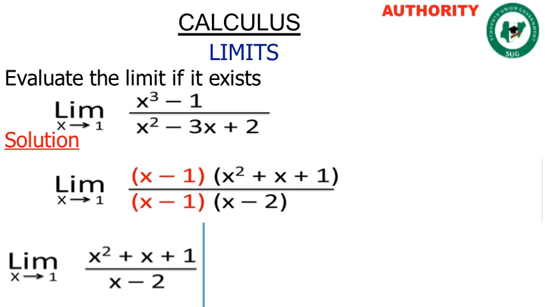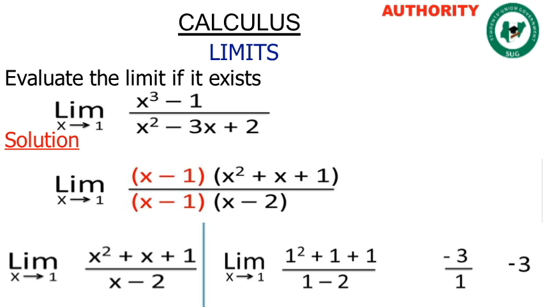So we are going to have the limit as x approaches 1, 1 squared plus 1 plus 1. 1 squared is 1, plus 1 is 2, plus 1 again, 3. All over 1 minus 2 is what? Minus 1. Is that true? So we're going to have 3 all over minus 1.